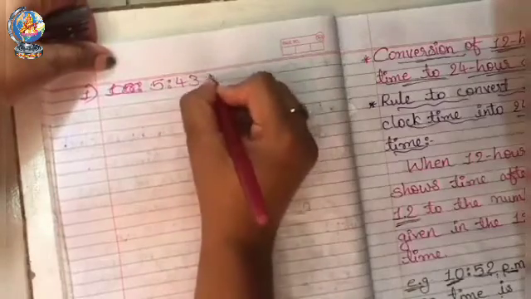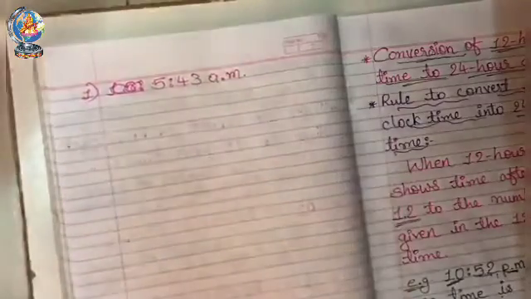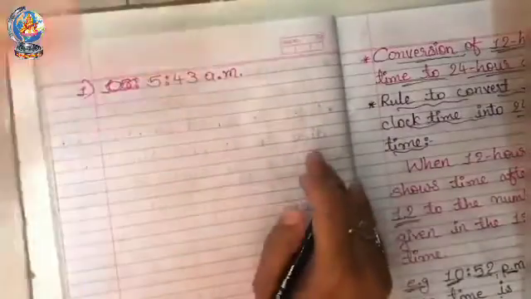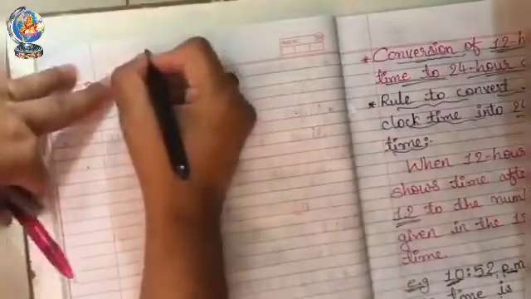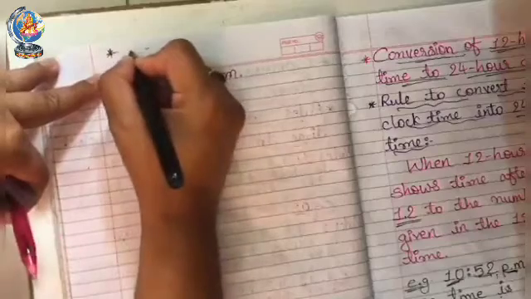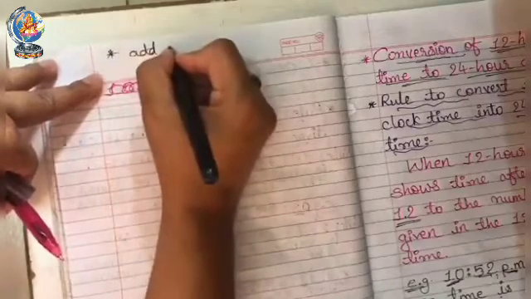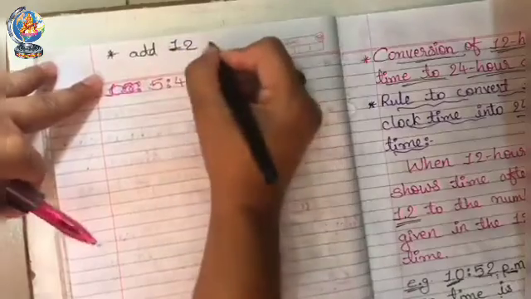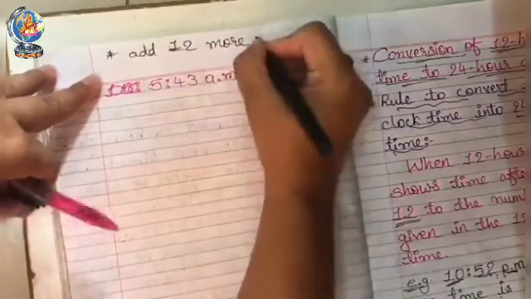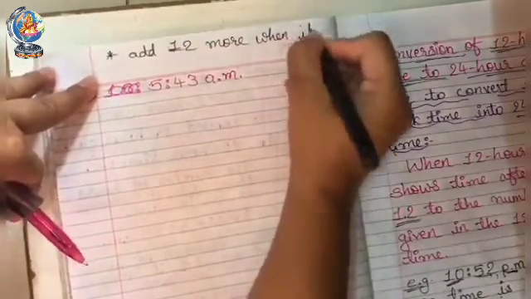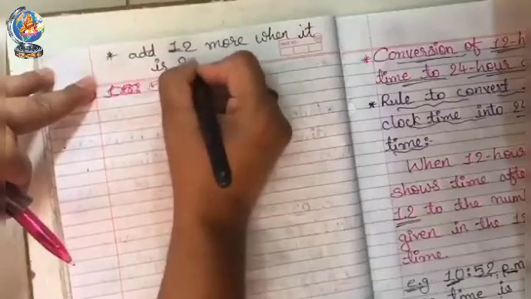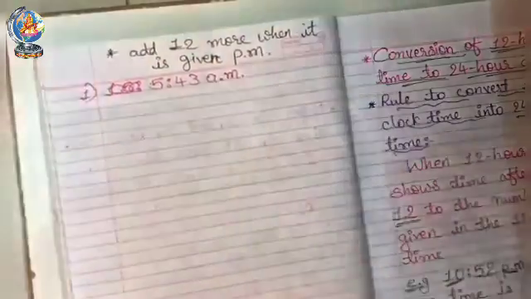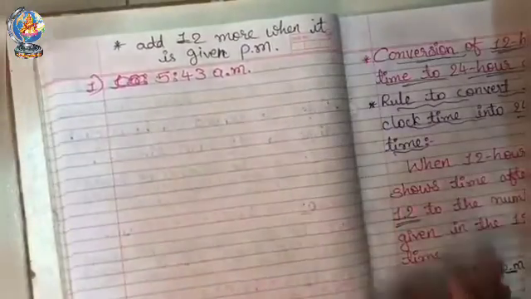Let me write it here, star that: add 12 more when it is given PM. Clear? Simple now? Okay, here it is AM.